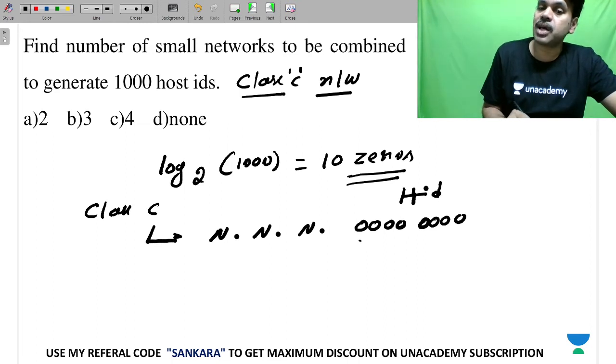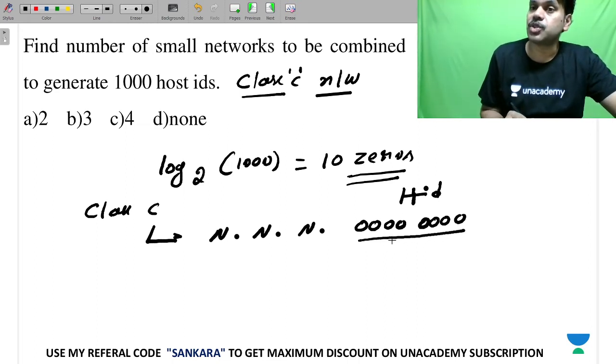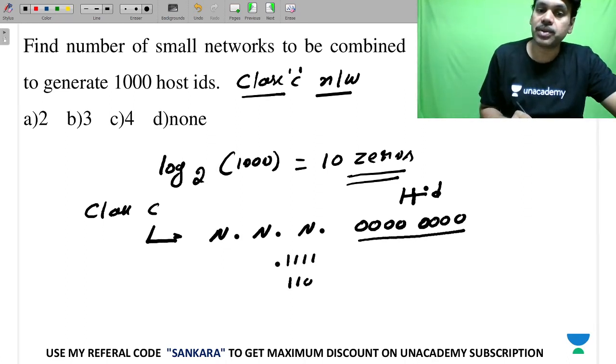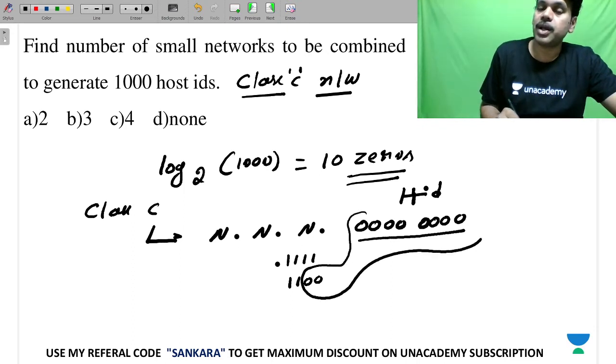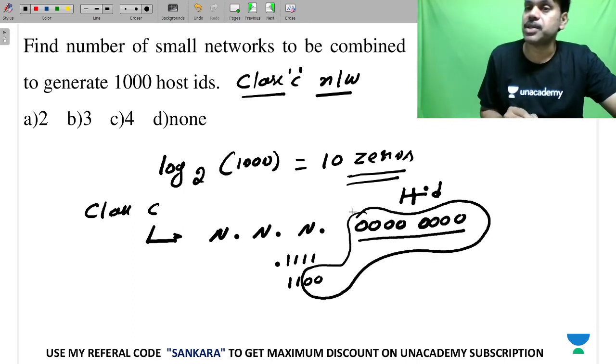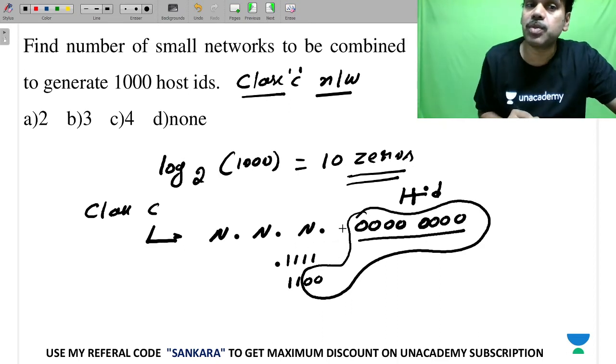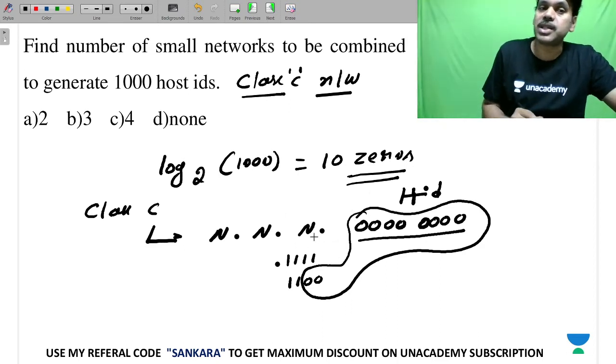How many zeros are there? Only 8 zeros are there. So we need to borrow from the network part. So 1 2 3 4 1 2 double 0. Now you got 10 bits HID. That means how many bits you borrowed? So 2 bits I borrowed.